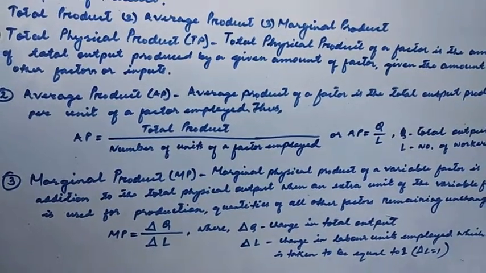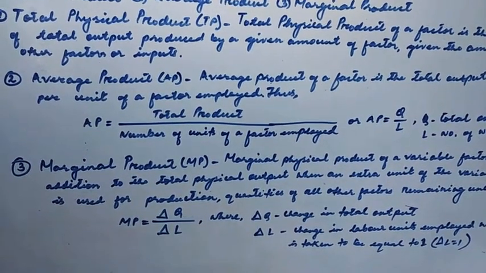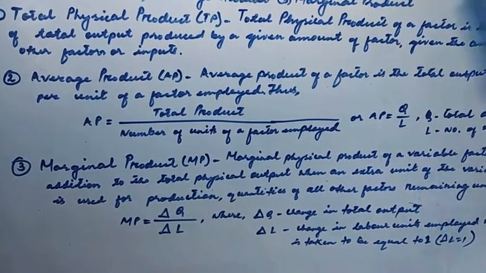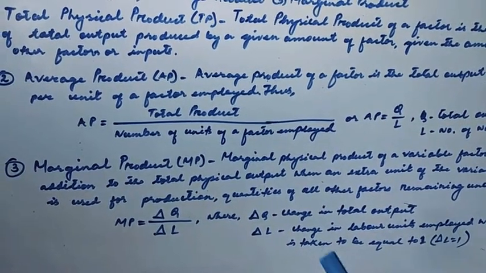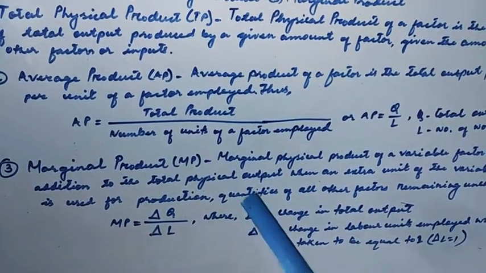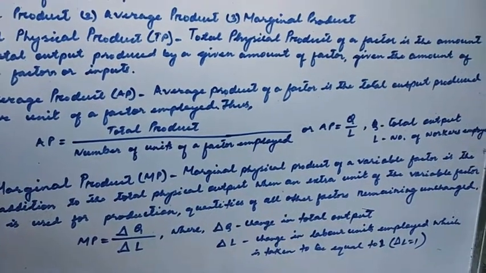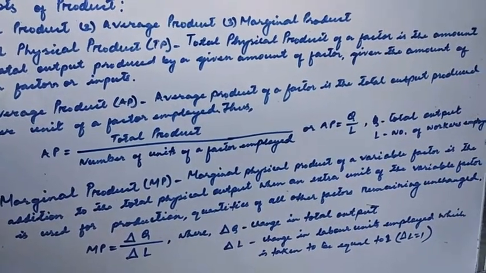So that is the law of diminishing marginal product. So it is found out that in this average product, when more units of factor are employed for producing a particular commodity, the average product will rise and then it will fall. That is the diminishing marginal product.